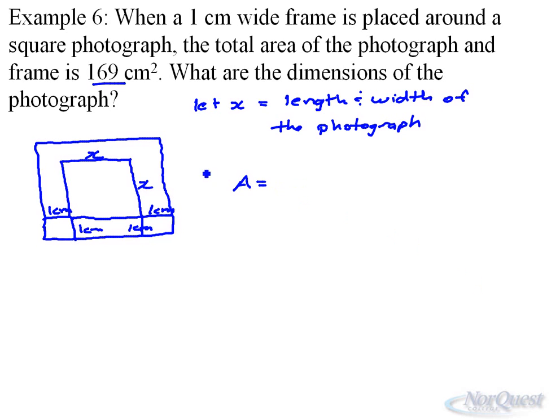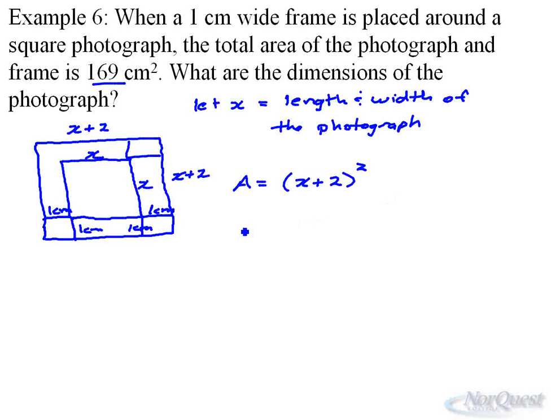If you look at the outside dimensions, since it's 1 centimeter on both sides, this would be x plus 2 for the length and x plus 2 for the width, because this is a square picture with a 1 centimeter border, which would also be a square frame. So the area would be x plus 2 times x plus 2, which is x plus 2 squared.